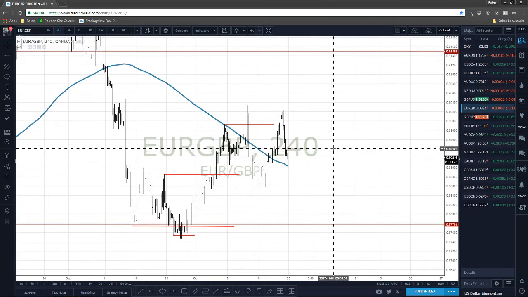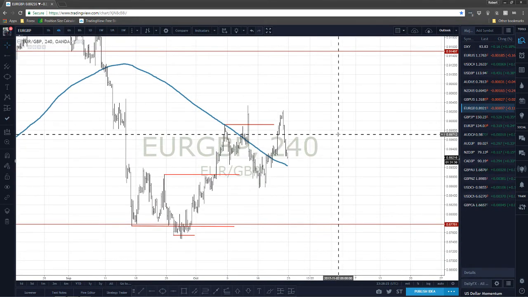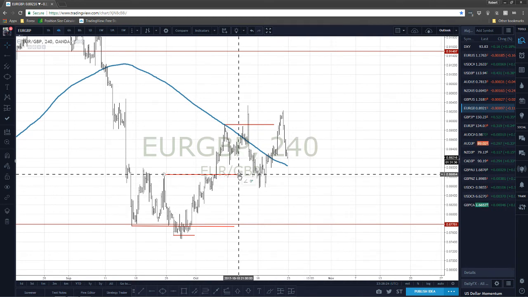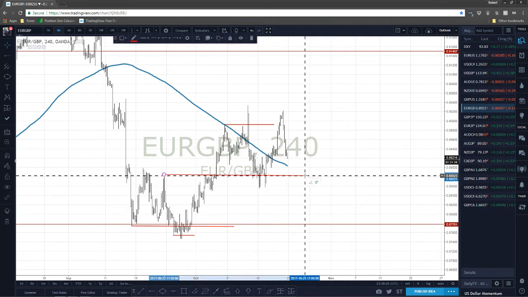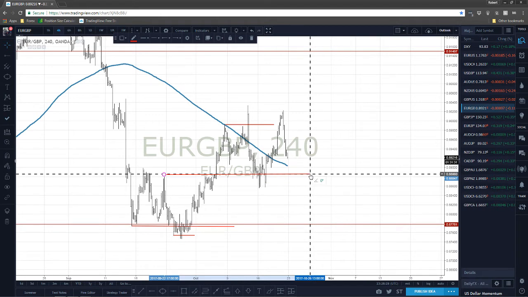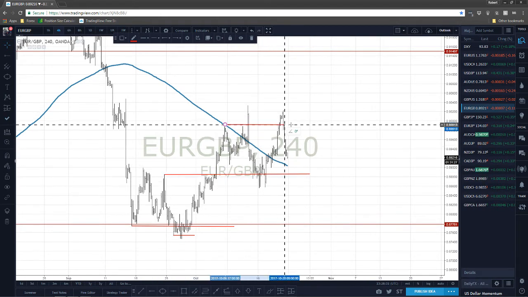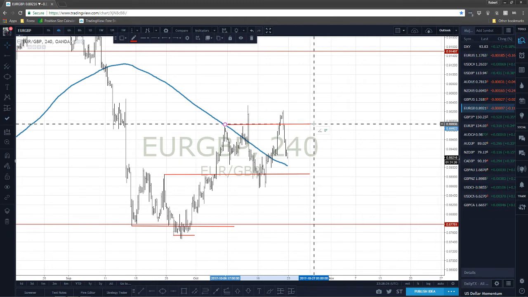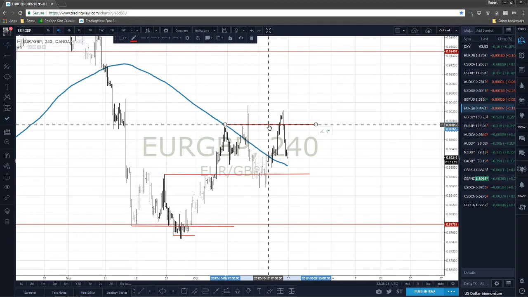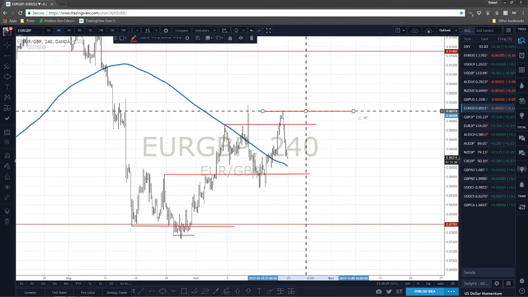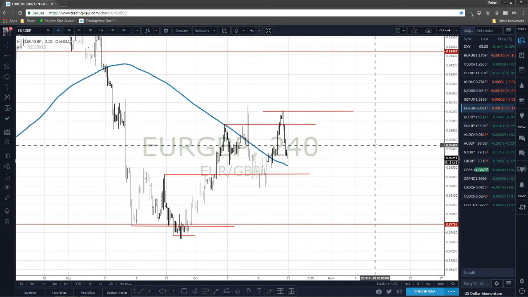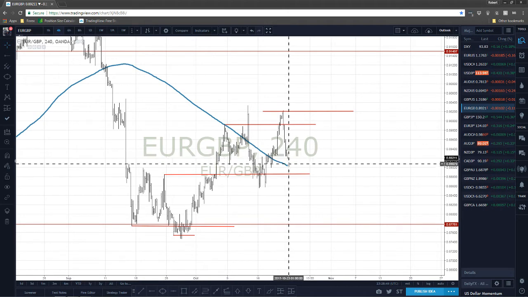In the 4-hour chart, it looks like price is heading back to the 200 period moving average. This high right here has been acting as sort of a swing point. Also this top right here. Alright, now since we have created this one, we'll put this right here. Okay, so price is heading lower.